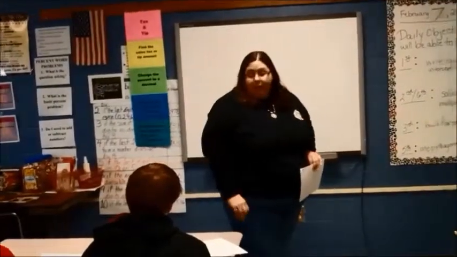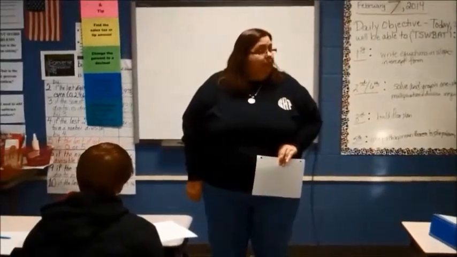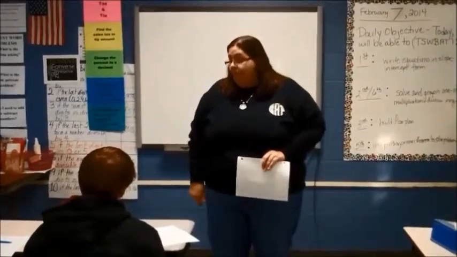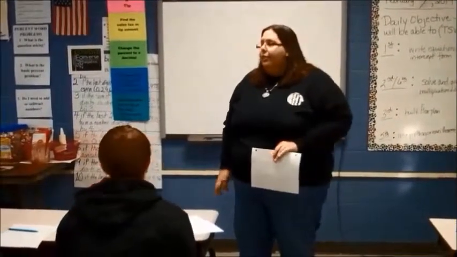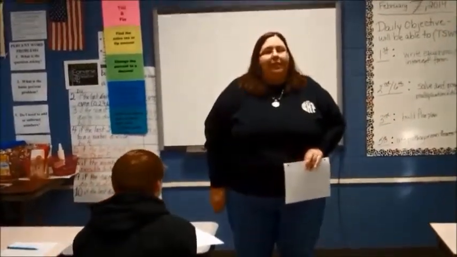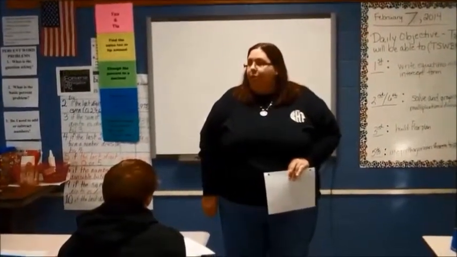Now what we're going to do is, with your shoulder partner, you're going to compare the things you wrote down. Anything that you wrote down in common, I want you to circle.